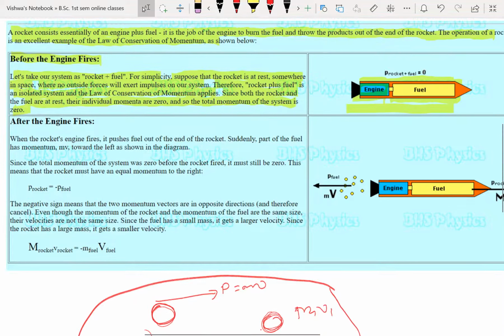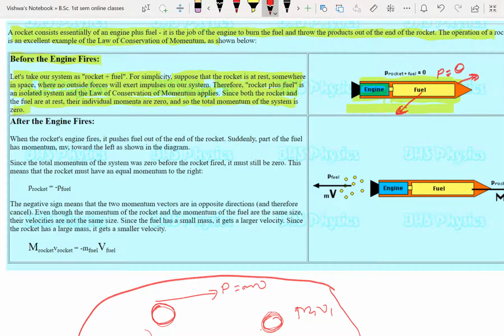Now comes here. This is an isolated system. Before starting the rocket, the momentum is taken as 0 because the velocity is 0. Now here I am considering two momenta. One is the rocket momentum, another is the fuel momentum. Both are at rest with respect to one another.